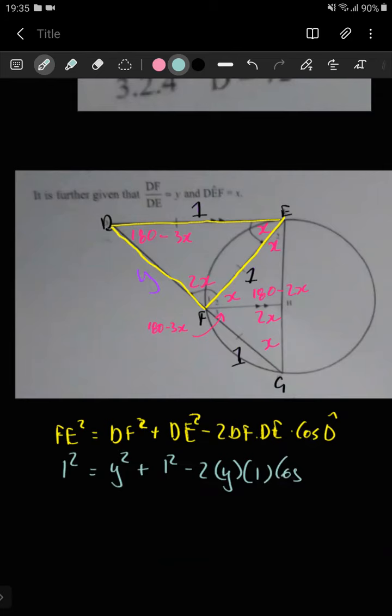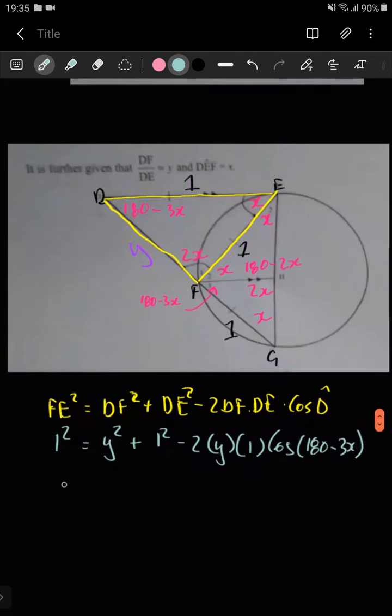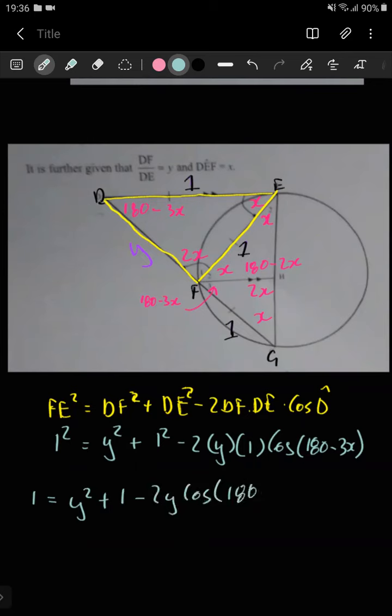Cos 180 minus 3x. Yeah, this is like y squared plus 1 minus 2y cos(180 minus 3x).